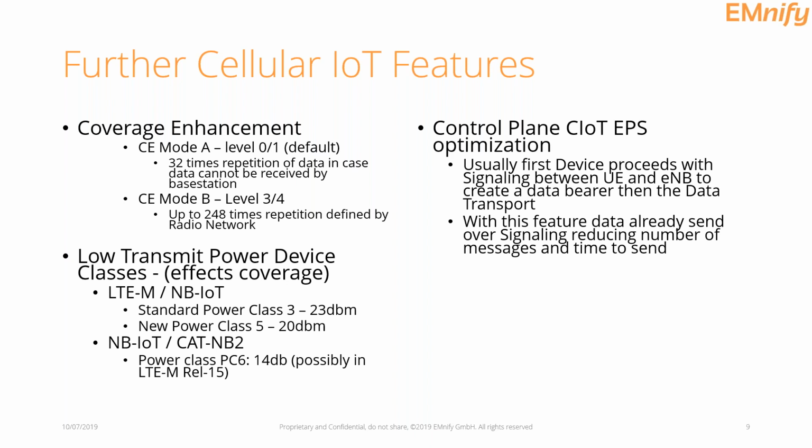With this feature, it's actually possible to skip the real data path and already send data over the signaling path. So this allows the device to stay online for a shorter amount of time, and with that save battery and again optimize the IoT use case.